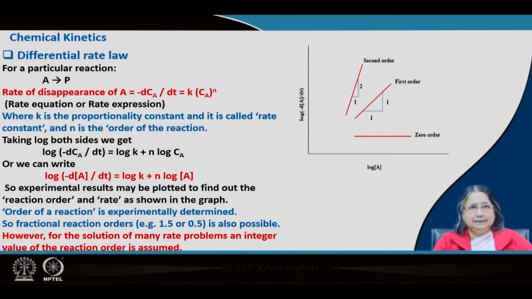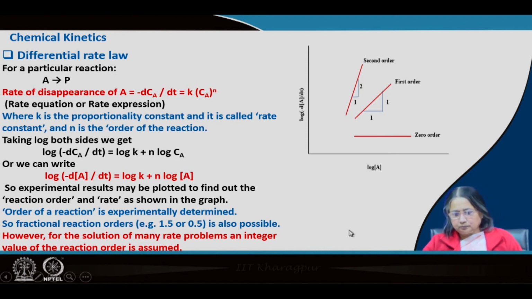For example, the decomposition of acetaldehyde at 450 K. At high temperature you will see that the order is 1.5. This is possible, but sometimes for practical purposes, if you see the slope is like 0.95, you can think it is close to 1, so you can say the order is 1. So it is a first order reaction.